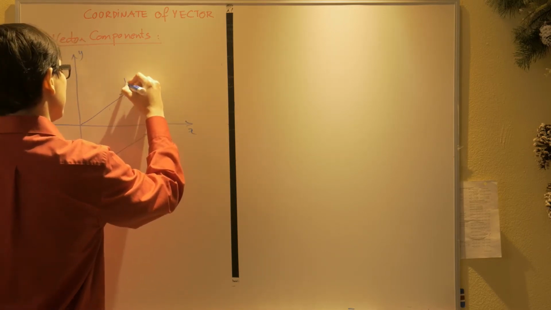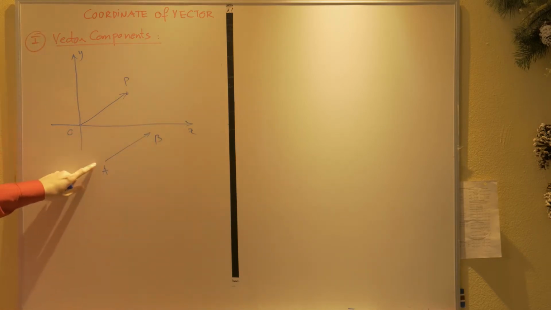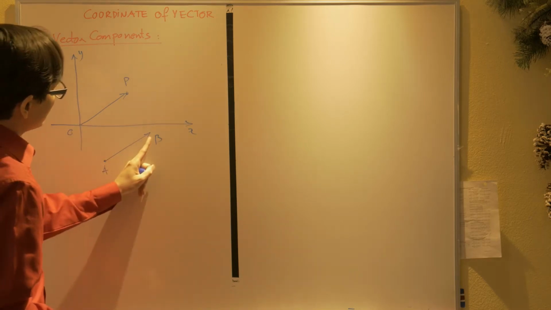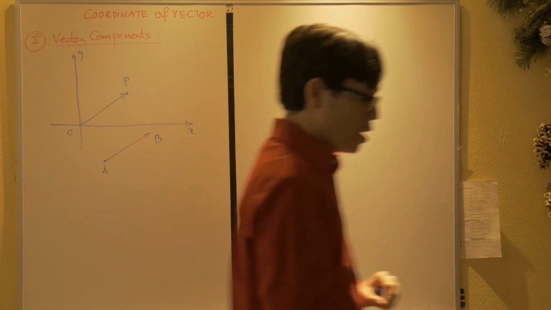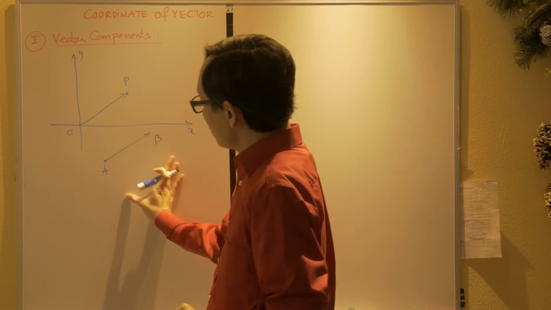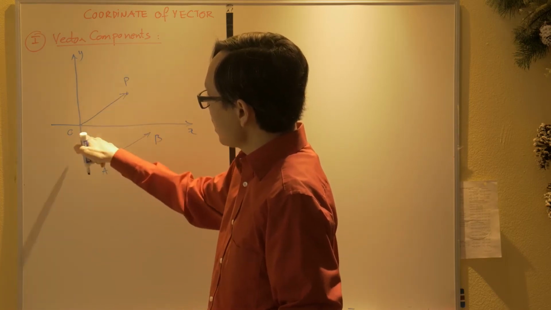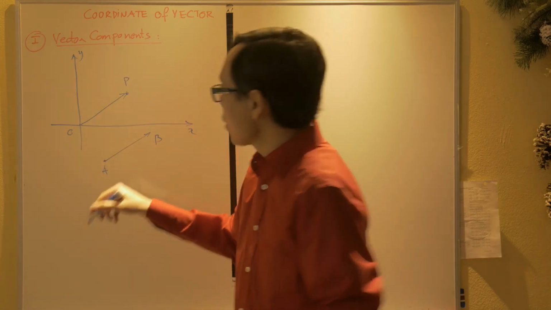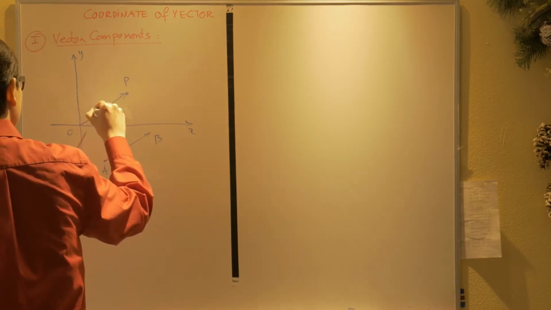I call this point P, and this point O. So I translate point A to point O, the origin, and I translate point B to point P. When we translate the vector to the position that has the endpoint of the vector at the origin, we call it the standard position.